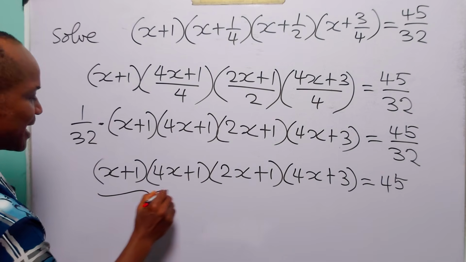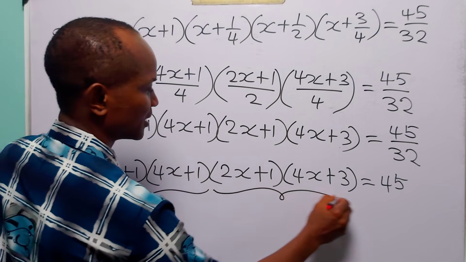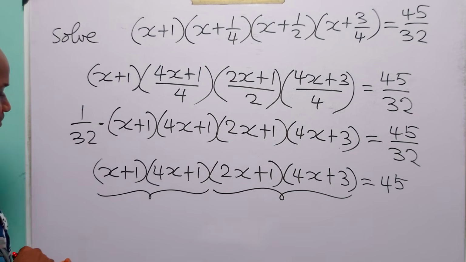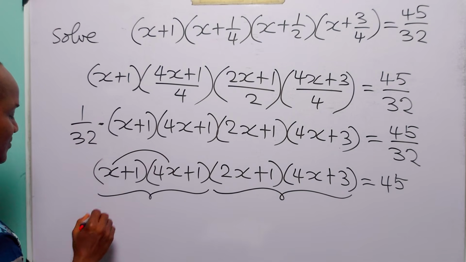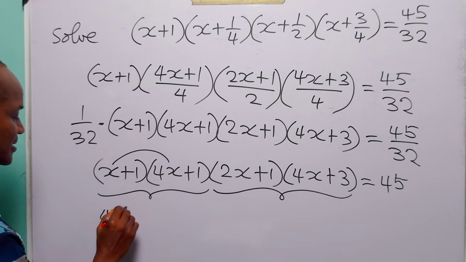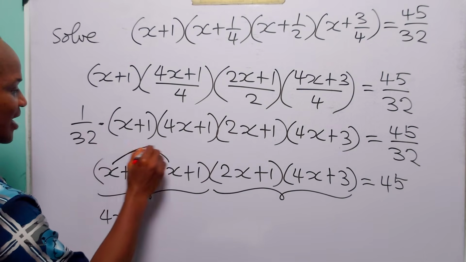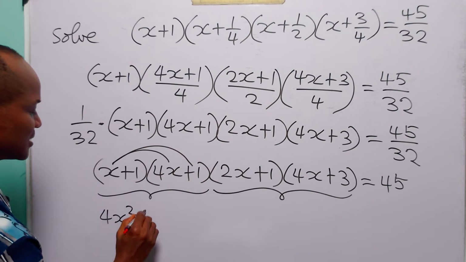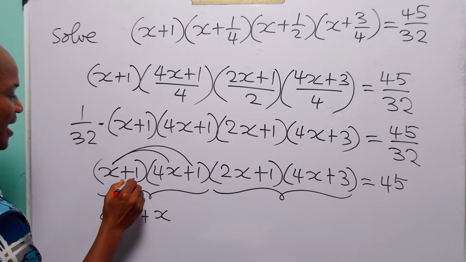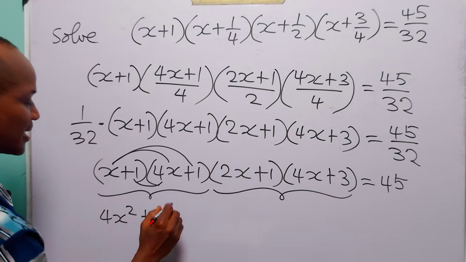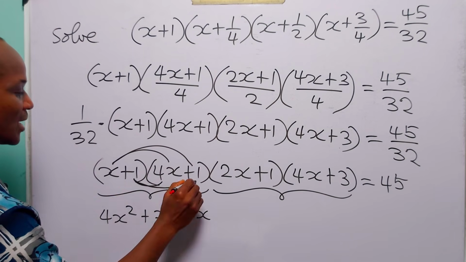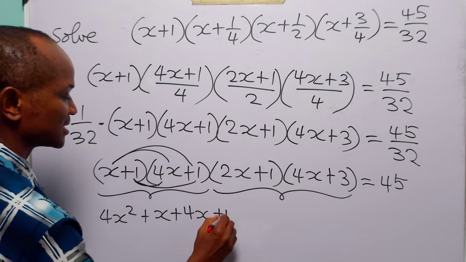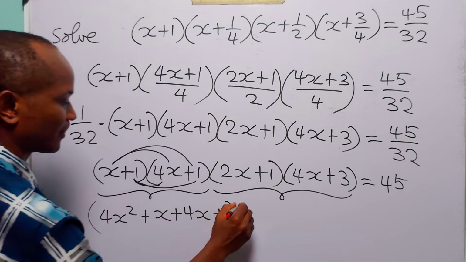Now let us multiply these factors 2 at a time. Opening this bracket, we have x times 4x, which is 4x squared. We have x times 1, which is x. Then we have 1 times 4x, which is 4x. And we have 1 times 1, which is 1.